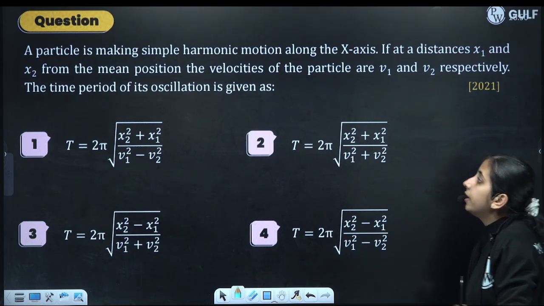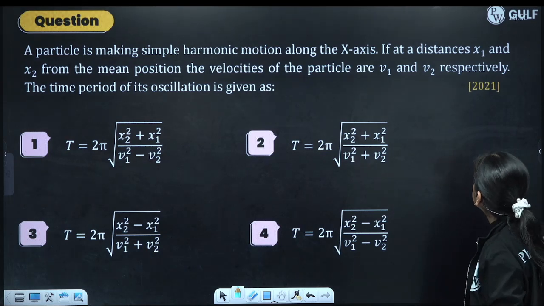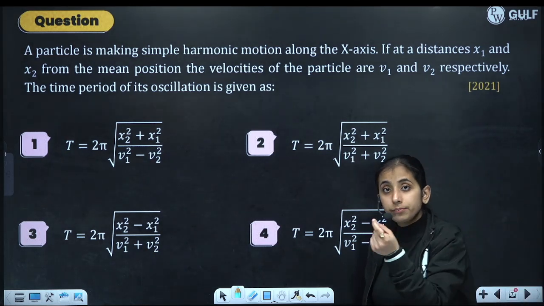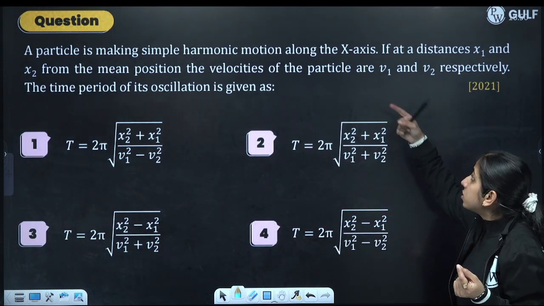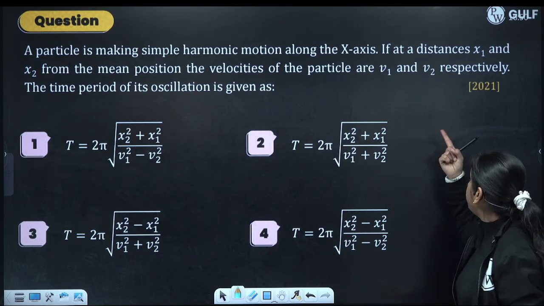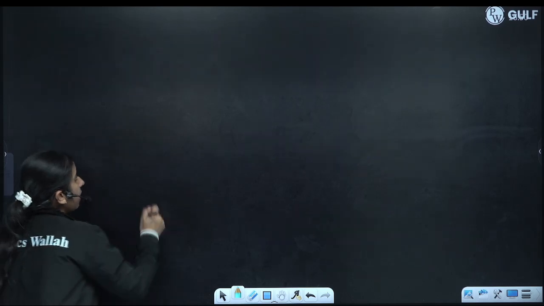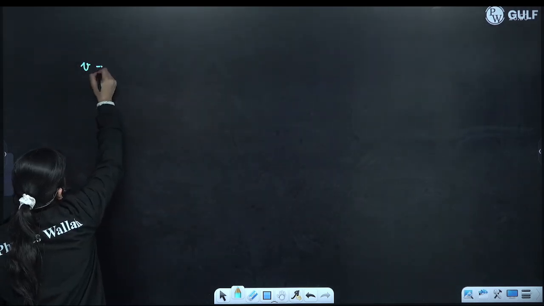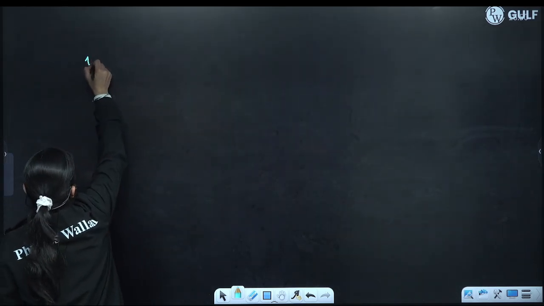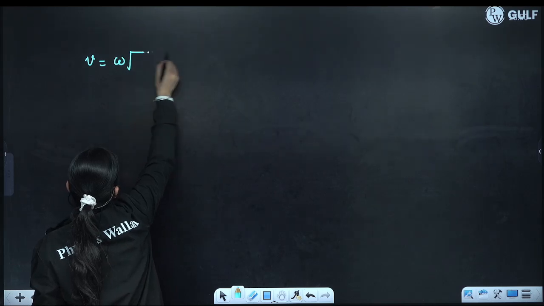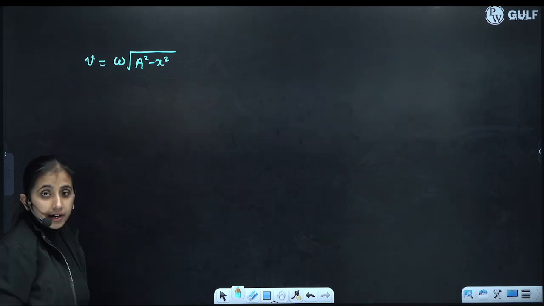See next question. A particle is making simple harmonic motion along the x-axis. At displacement x1 and x2 from the mean position, the velocities of the particle are v1 and v2 respectively. Time period of its oscillation is given by. At x1, v1 is the velocity. At x2, v2 is the velocity. We know that velocity in terms of x is omega into under root of a square minus x square.